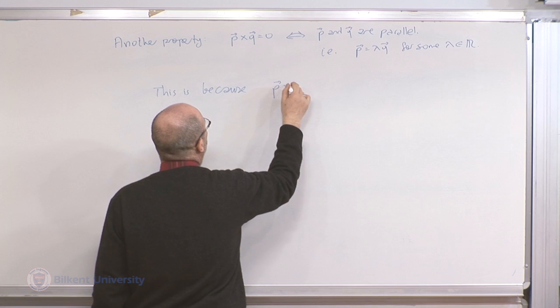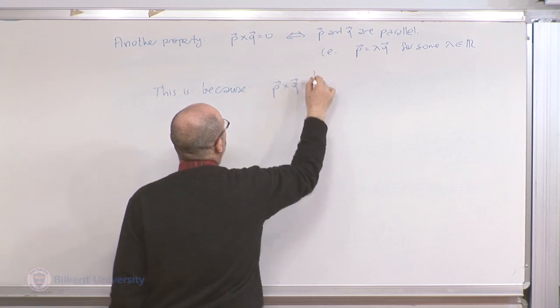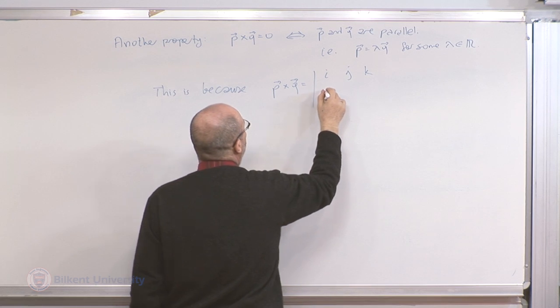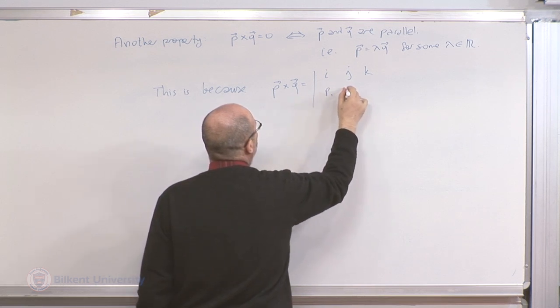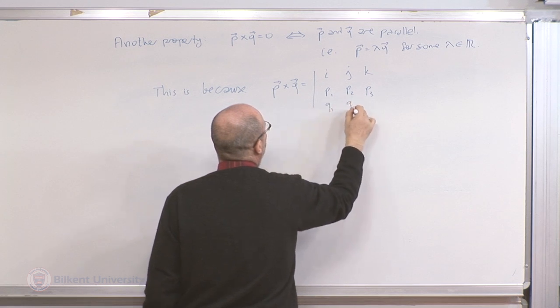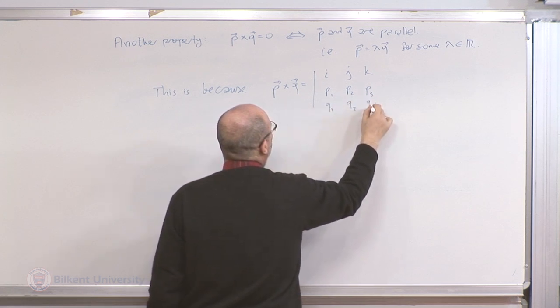This is because P cross Q is the determinant with rows I, J, K, which are vectors, then P1, P2, P3, and Q1, Q2, Q3.